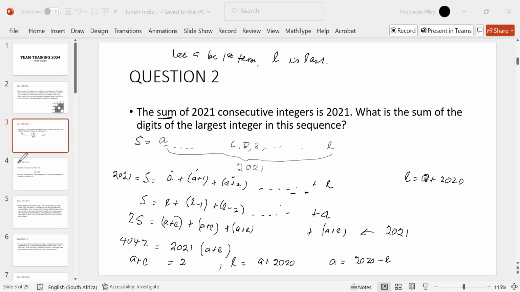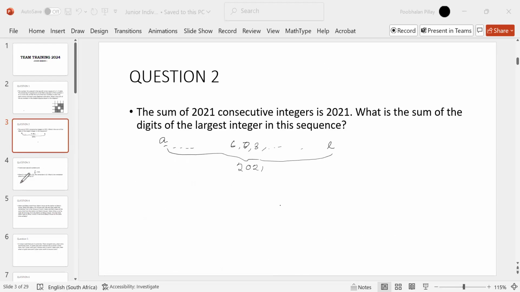Let's look at it differently, because there's another way of doing this thing. If you've got consecutive numbers, like for instance, say 5 plus 6 plus 7, right?